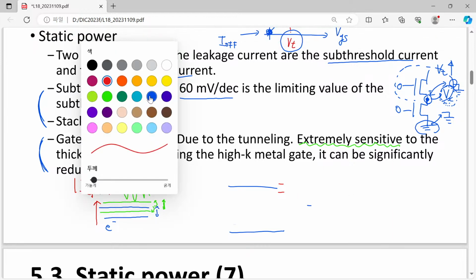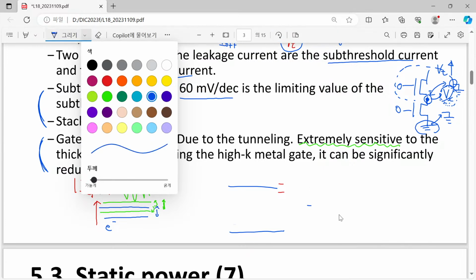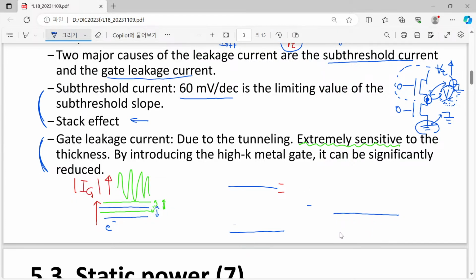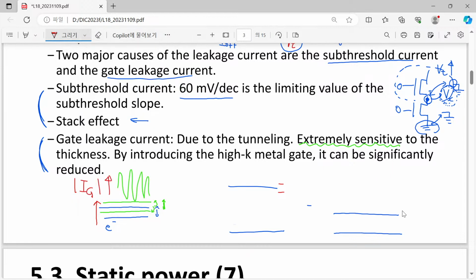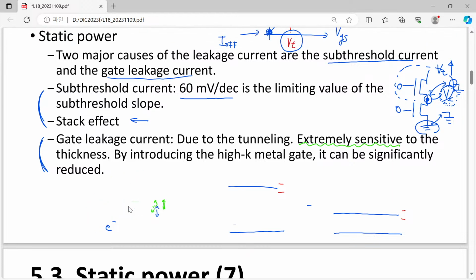However, if your oxide thickness is so thin, then the same amount of fluctuation in your oxide thickness will be a big deal. So you have much higher fluctuation. That is not a good case, and that's the reason why using this extremely thin oxide layer should be avoided at best.